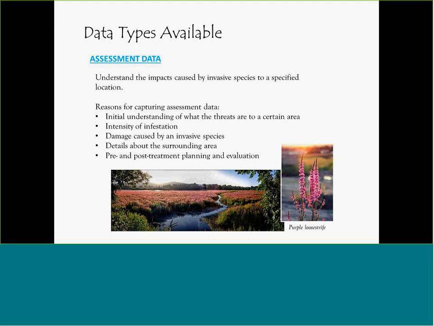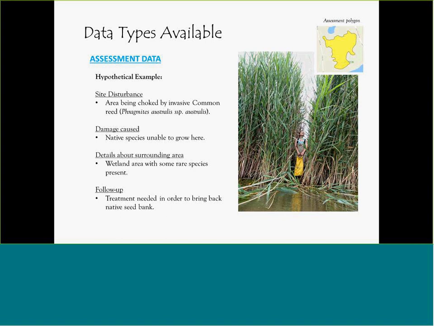So a hypothetical example of the information that you could document in an assessment record would be something like this, where you had an area that was being choked out by common reed, which is commonly known as Phragmites. So the damage being caused to that area is that native species will essentially be unable to grow there.